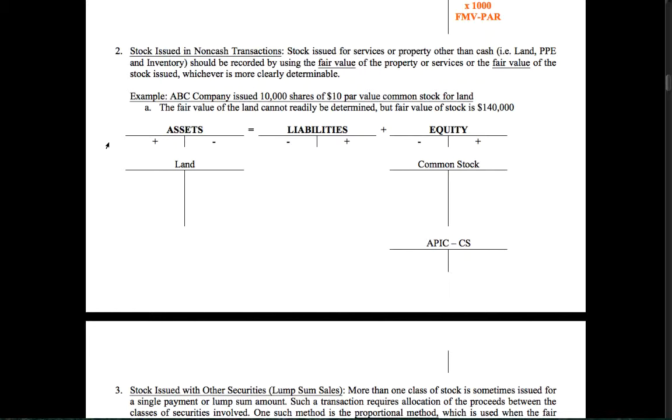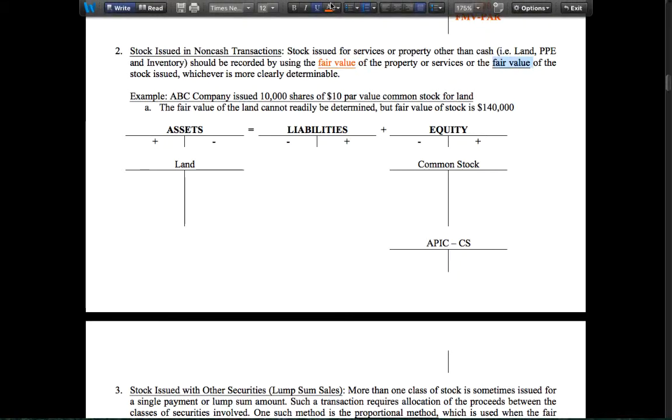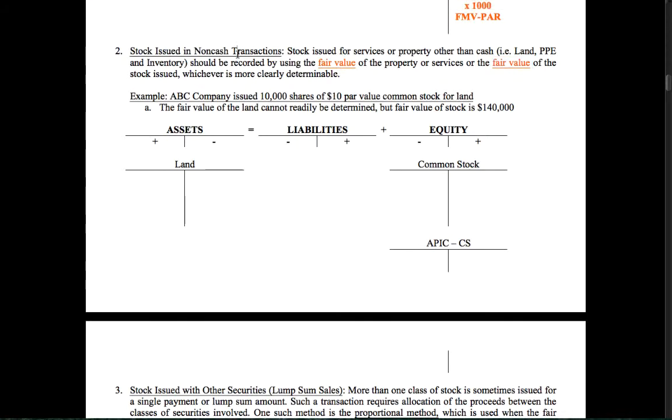Under this method, you would record these balances by using the fair value of the property or services or the fair value of the stock issued, whichever is more clearly determinable. I would want to point out that fair value is the key when you're recording stock issued in non-cash transactions. Regardless of what information I may give you in the example, you need to make sure you are aware that fair value is how this is recorded.